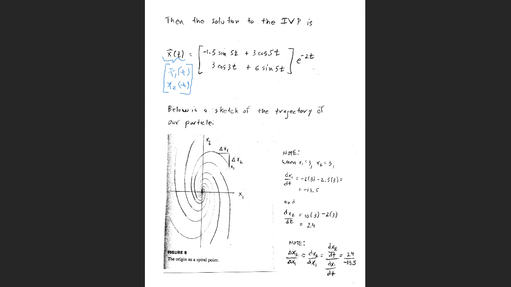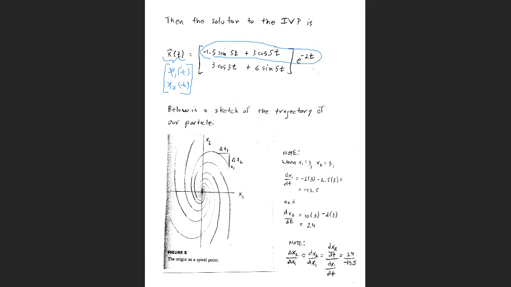Now x1 of t would be equal to e to the negative t times negative 1.5 sine of 5t plus 3 cosine of 5t.